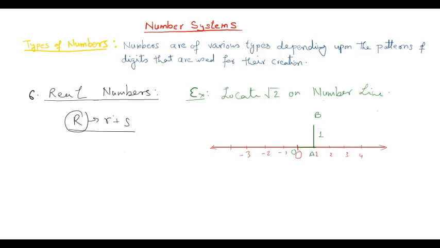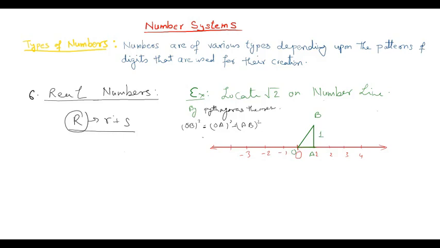So now by the Pythagoras theorem we can calculate the length of this OB line. OB square is equal to OA square plus AB square.